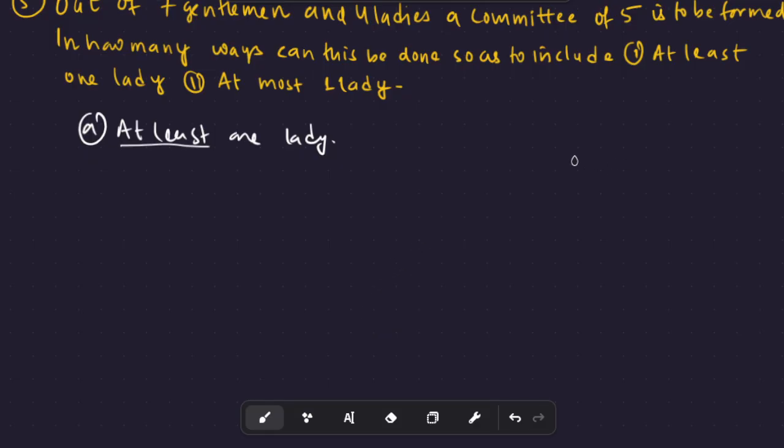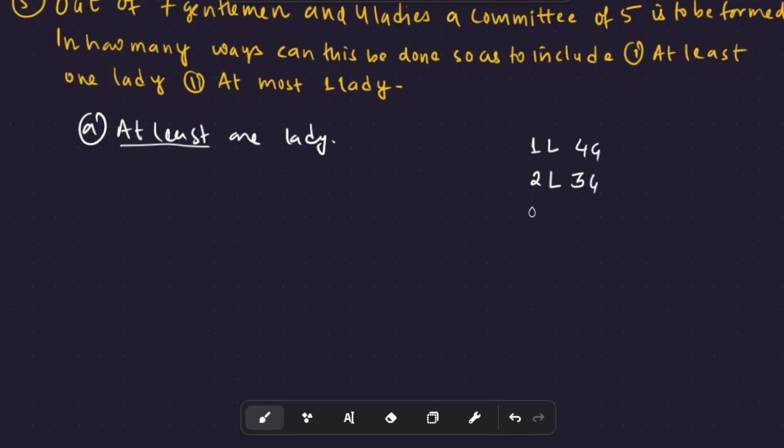The committee may contain only one lady. If only one lady is there, how many gentlemen should be there? Four gentlemen. One lady and four gentlemen. If there are two ladies, then three gentlemen.